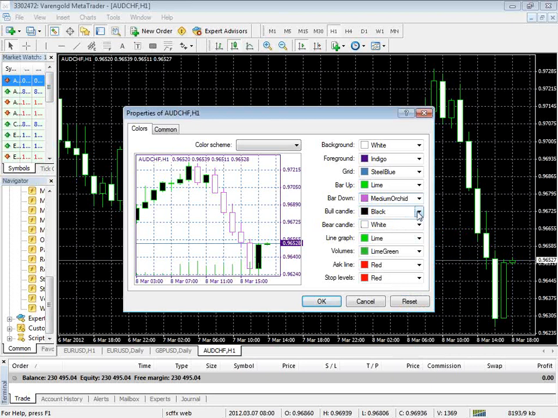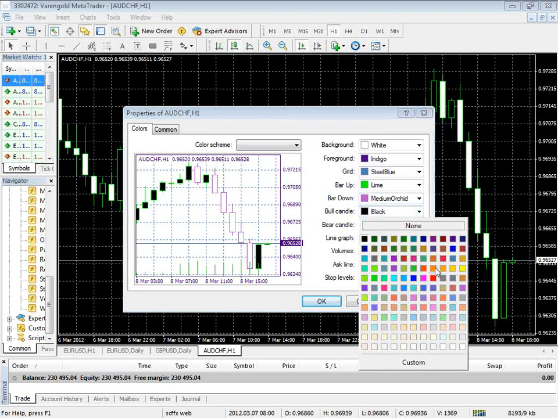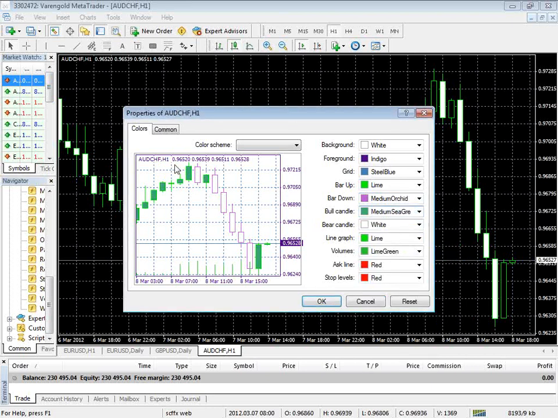Bull candles. So you can see I have changed the color of the candles that are indicating that the price is going up.